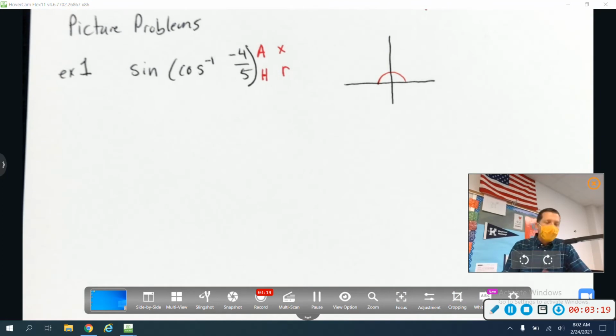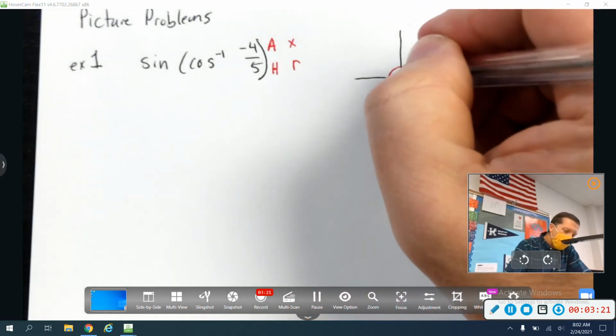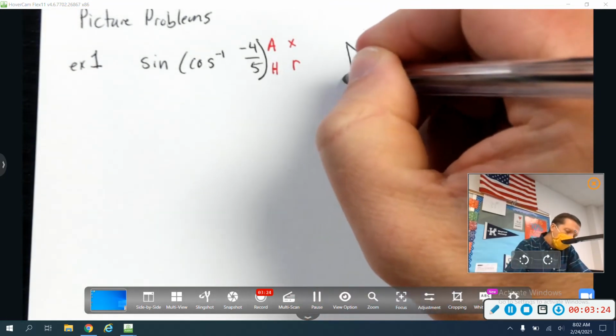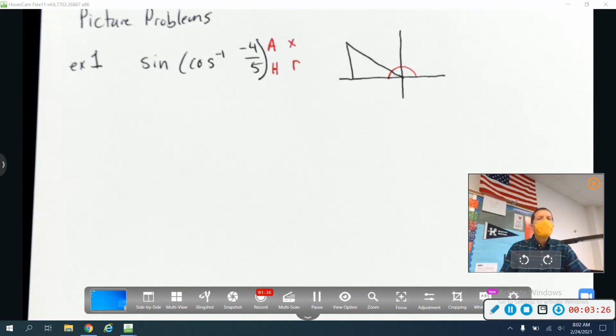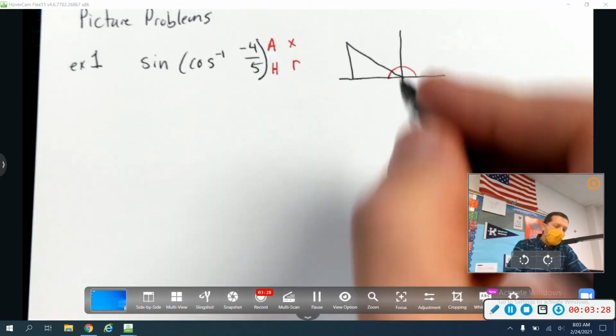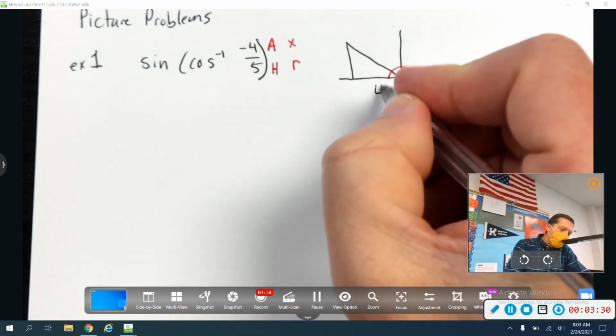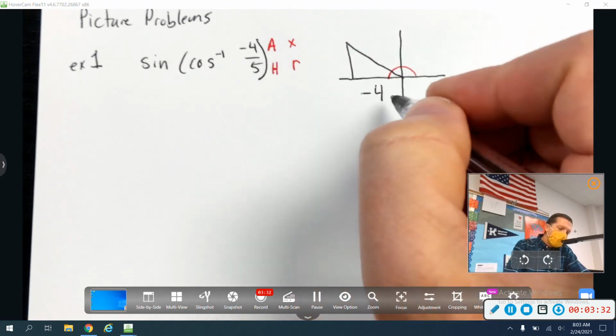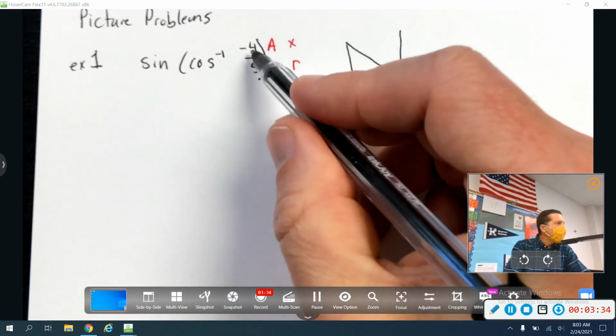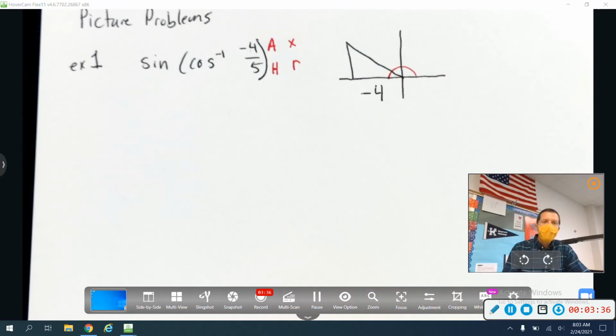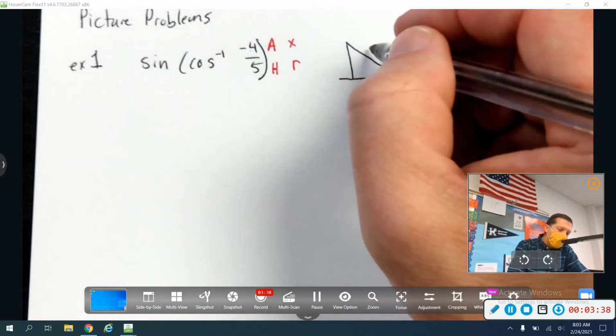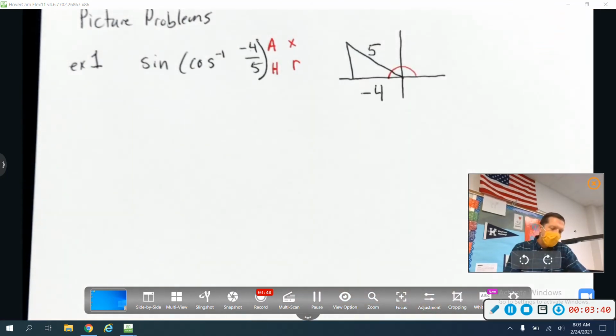It's negative, so it's got to come from 2. So I'm going to just draw a triangle in quadrant 2. The adjacent side, the x side, is 4. Negative because it's backwards, or negative because it's negative. It told me it's negative. The radius is 5, or the hypotenuse is 5, either way.